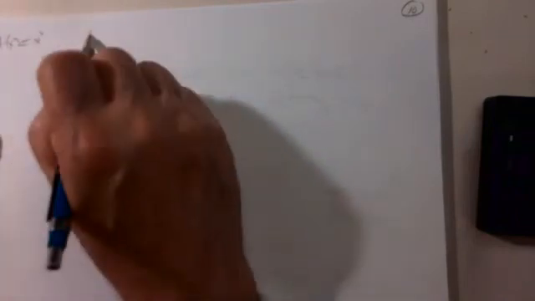So let me start with a parabola. Suppose we take f of x equal x squared for x between 0 and 2.